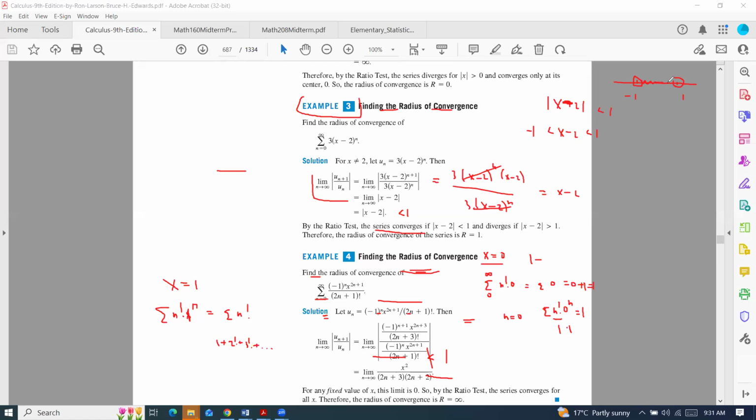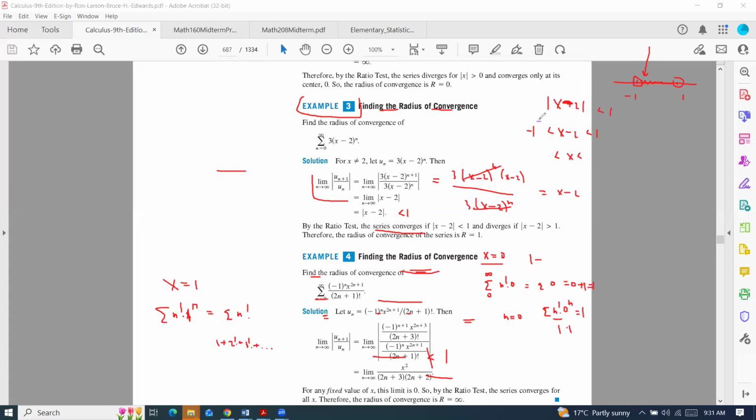So it has to be here, anywhere. So the number must be in between plus and minus 1. If it's more than 1, its absolute value is more than 1. Or if it's less than negative 1, so it's a big negative, its absolute value is also going to be more than 1. So it has to be in between these two. And then I will add 2 on both sides, right? That's how we used to solve it when we took algebra classes.